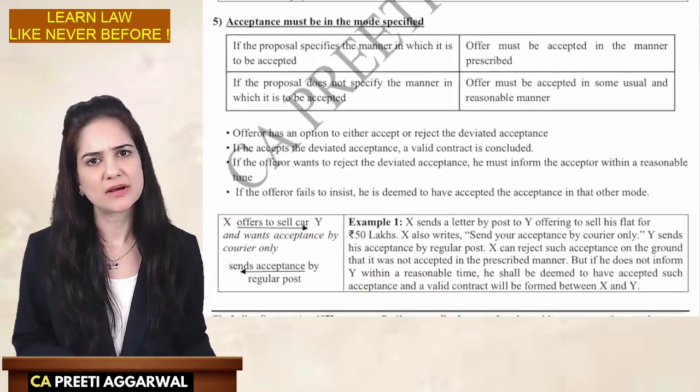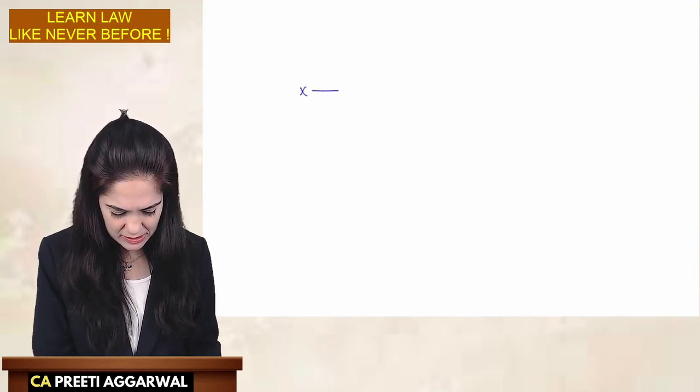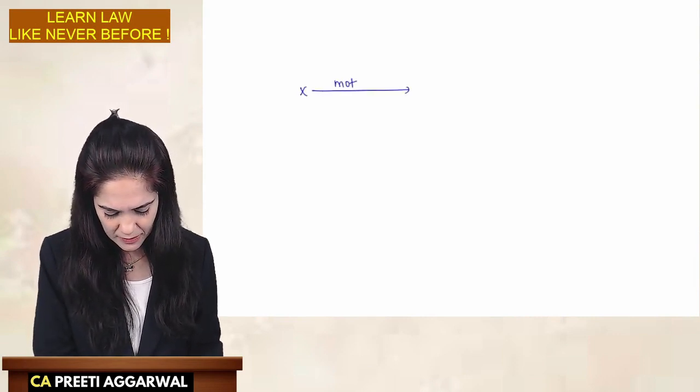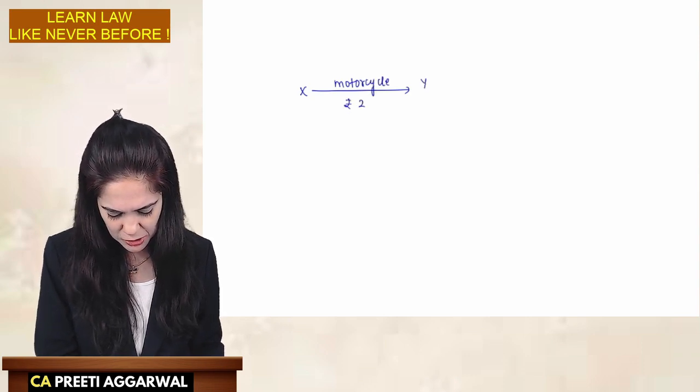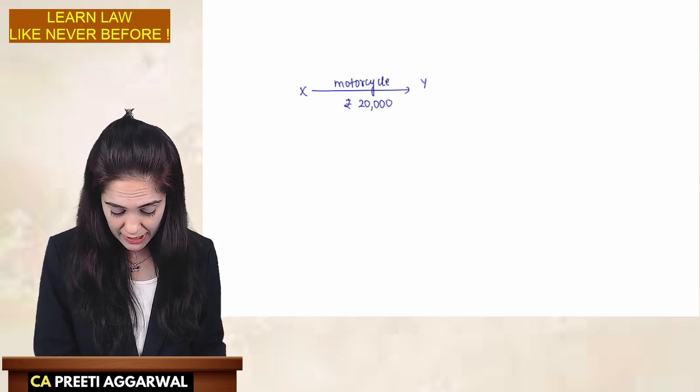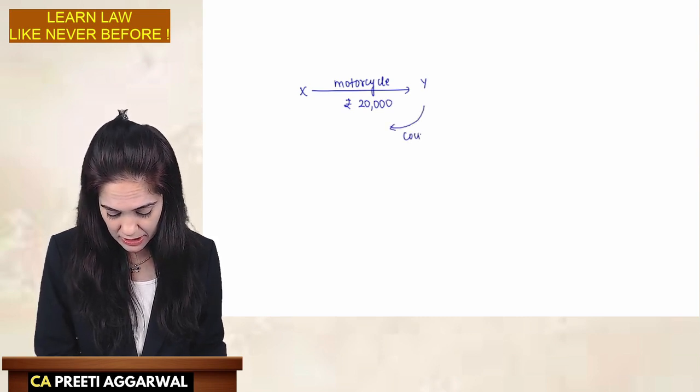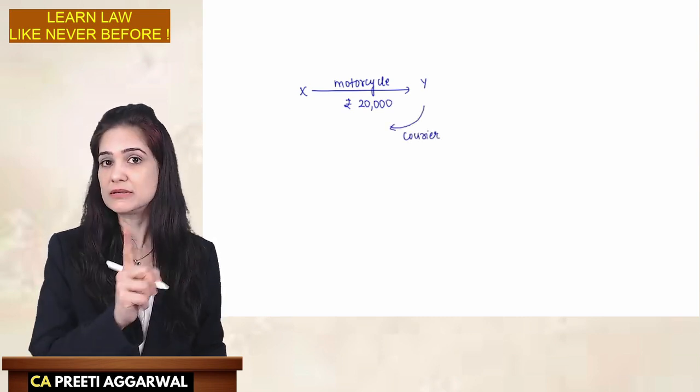We discussed this. Do you remember the example? X offered to sell his motorcycle to Y, let's say for rupees 20,000, and he says, listen Y, send your reply by courier only.